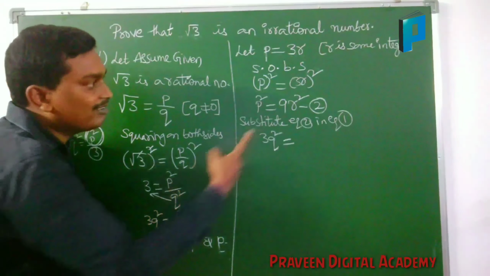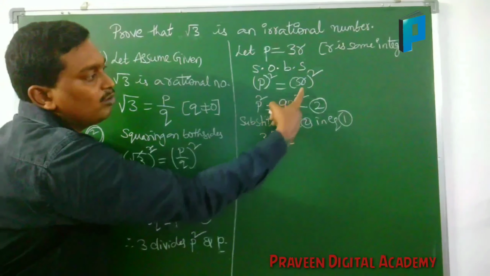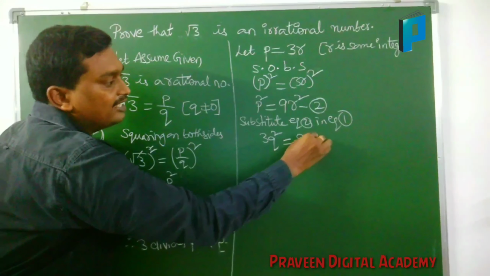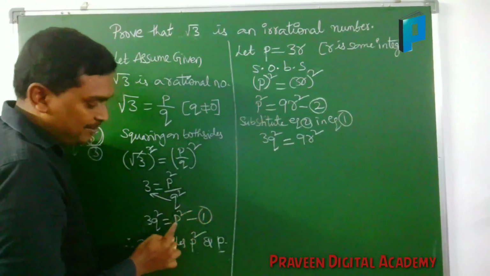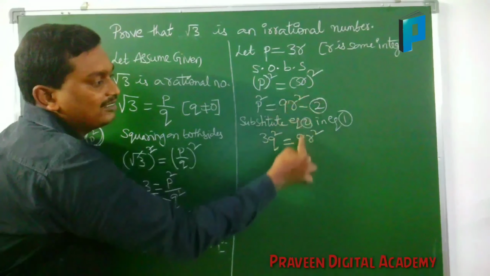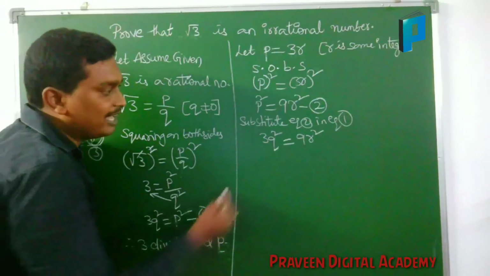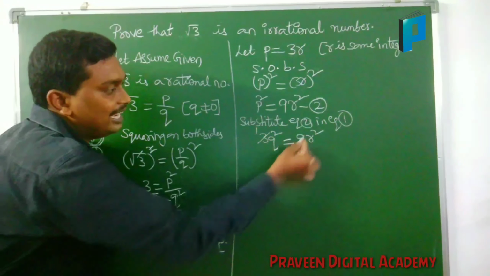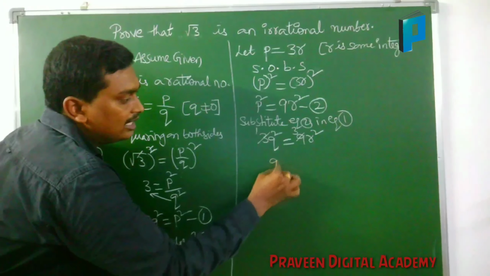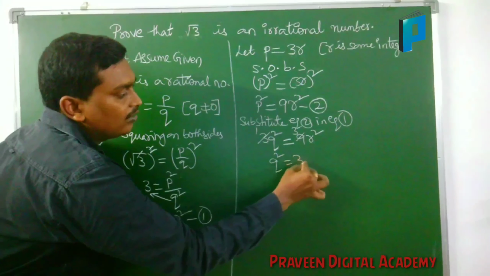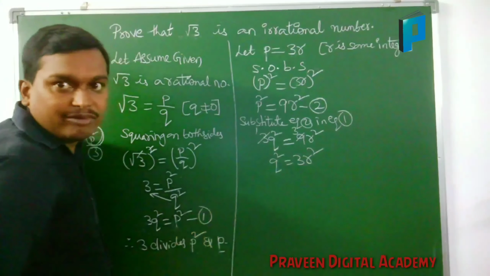What is the p square value we know? p square is equal to 9r square. In the place of p square I am keeping 9r square. Look here, 3 1s are 3, 3 3s are 9. What you got here? q square is equal to 3r square.